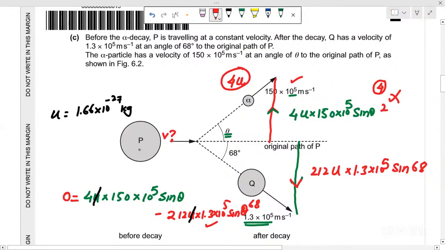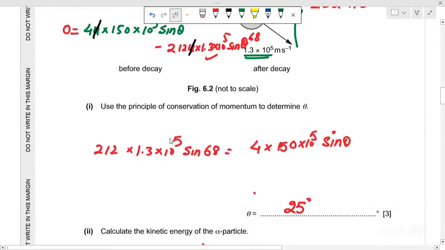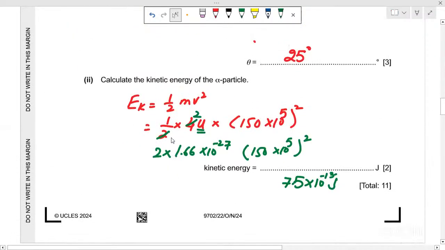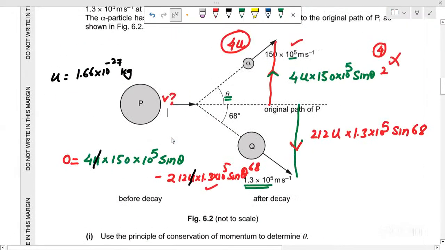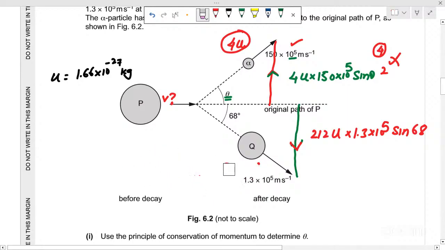You should use the horizontal component of momentum, conservation of momentum along x-axis, and the momentum of P would be, we have to find its velocity. So I will mention over here, I want to find velocity of P before impact.